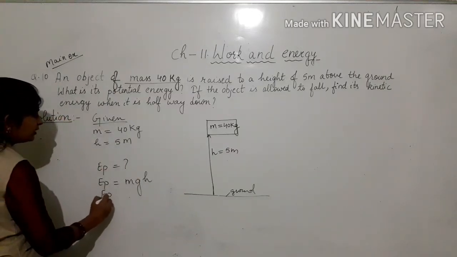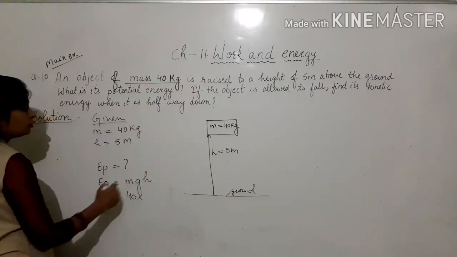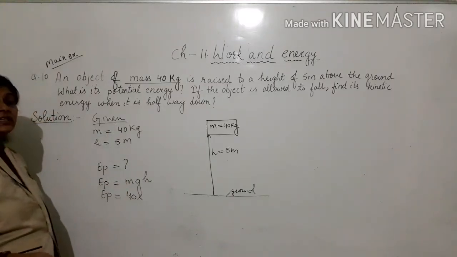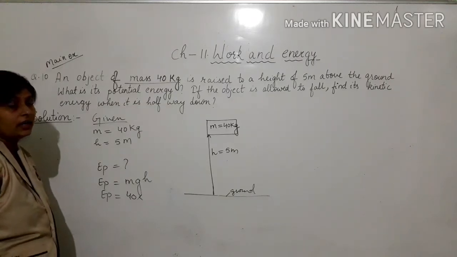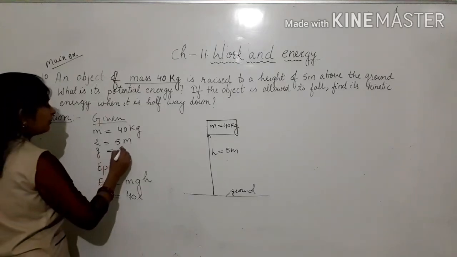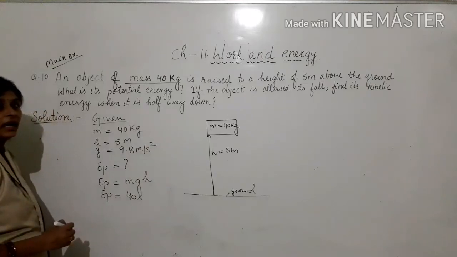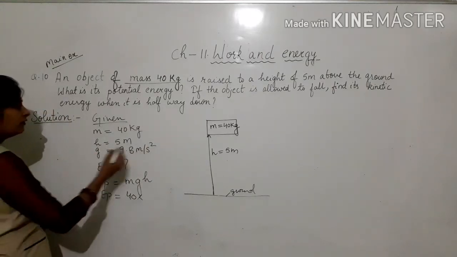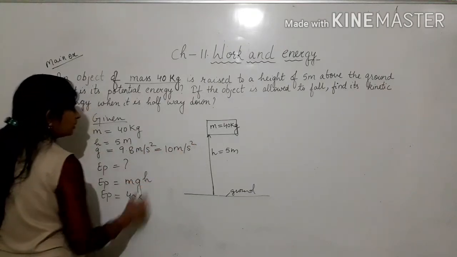Now EP is equal to m. What is m? 40 into g. G is acceleration due to gravity, and we know that it has a constant value of 9.8 meter per second square, and in rounded off figures we will take this value as 10 meter per second square.